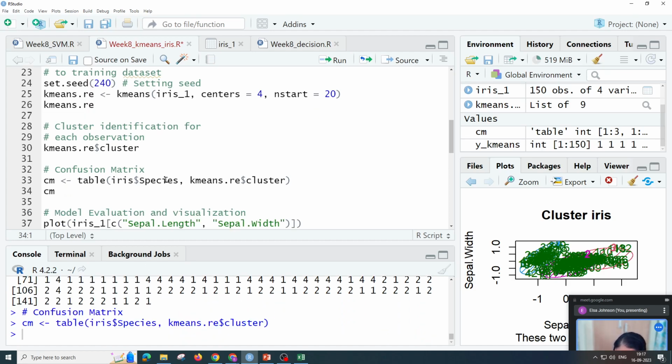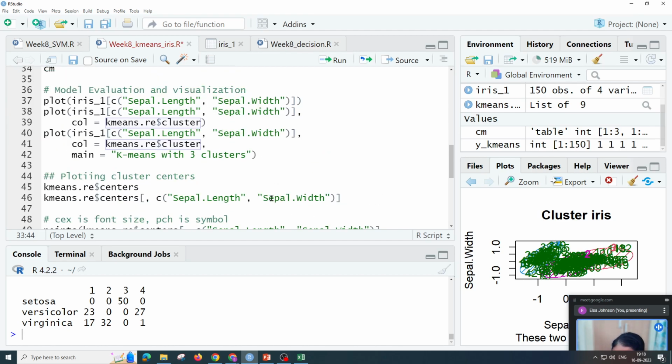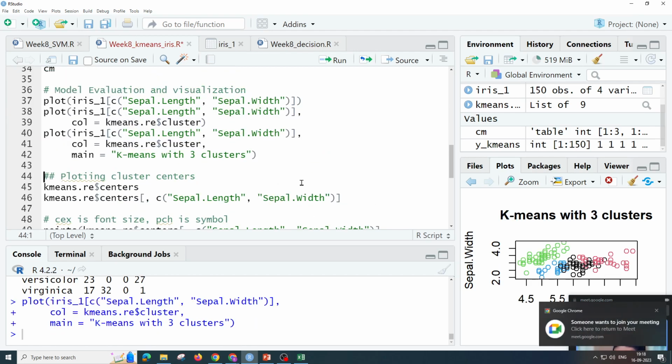And if we see the confusion matrix, it's coming like this. But we can't infer anything from it, because in this particular species only 3 are present. So if we are clustering it as 4, there is no particular meaning to it, but just for the observation we will see how it looks.